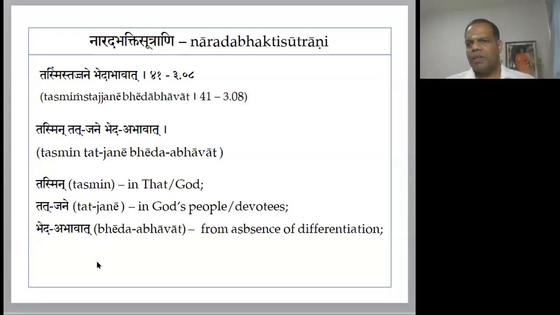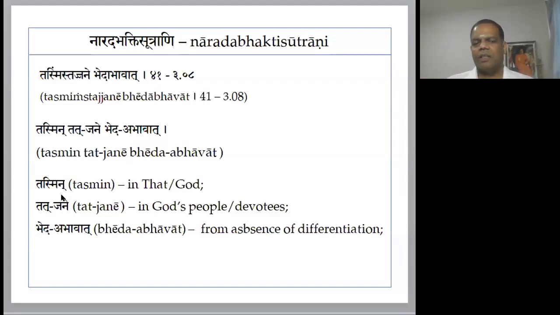You look at the meaning of the sutra. Tasmin means it's actually the seventh vibhakti, the seventh noun form, of the word tat. Tat is that. Tasmin, in that. What is it in that? God. In God, you can say.